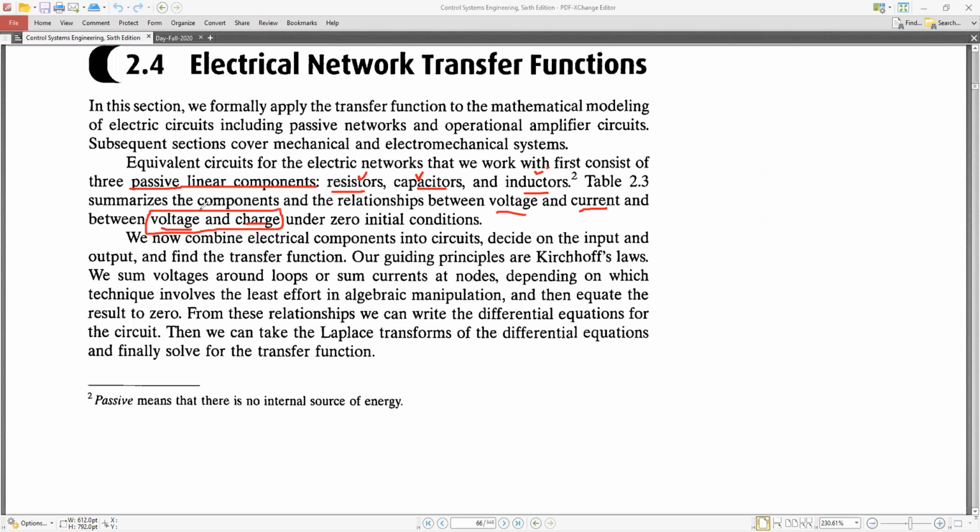Summarize the components and the relationships between voltage and current and between voltage and charge under zero initial condition. Just remember this: resistor, capacitor, inductor. These three are the passive electrical components.